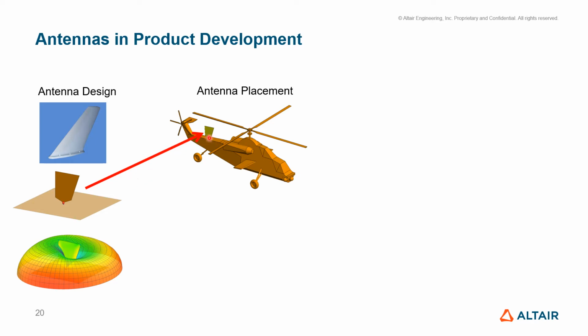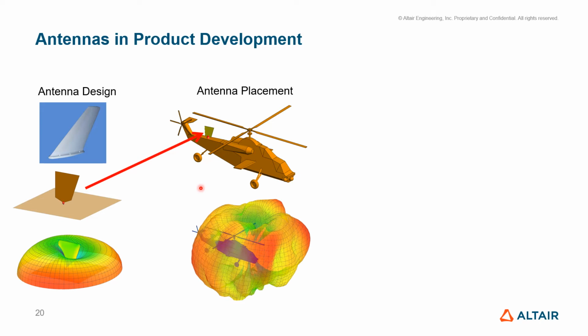Put this blade antenna on the back of the fuselage of the helicopter, and then you compute the radiation pattern. Now we can see that there are many different nulls and different peaks because of the interactions with the helicopter body as well as the rotating blades in this problem. So you can see that the nice pattern does not remain nice anymore.